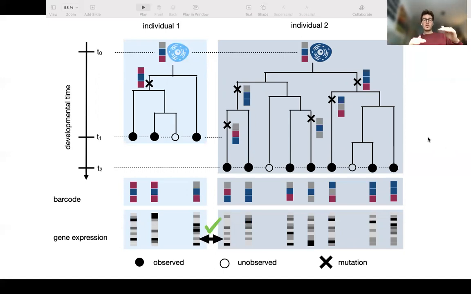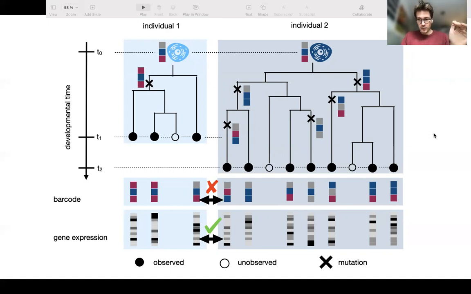Now, to link these two together, it's easy to do that on the gene expression level. For that, we can just use the Waddington-OT model from Jeffrey Schiebinger that I introduced a few slides before. However, you cannot do that on the barcode level because the barcodes have been generated randomly in each individual. So you can use barcodes within one individual to reconstruct the lineage tree. However, you cannot compare them across two different individuals or across two time points in this setting because they don't have anything to do with each other.